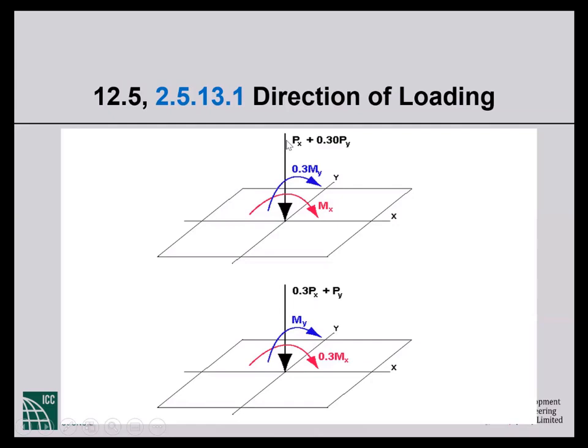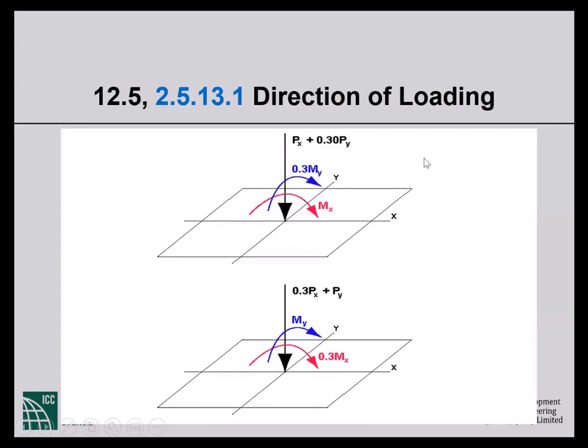The Y earthquake will cause P sub Y axial load, M sub Y bending moment about the Y axis, and, sorry, M sub X is the bending moment caused by the X earthquake. M sub Y is the bending moment caused by the Y earthquake.